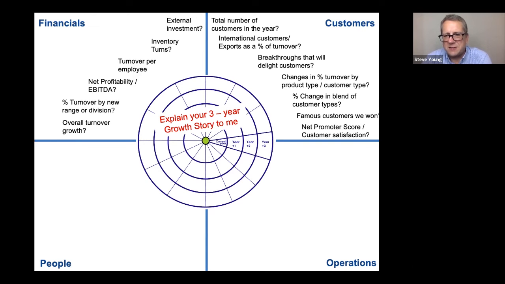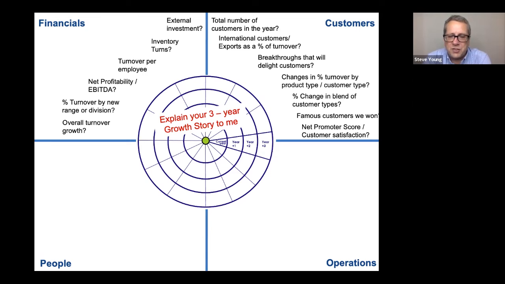What I want you to do now is move across to your customers, the top right, and have a think about what's the best way to tell your story about your customers. So for entrepreneurs that are growing fast, working out the total number of customers in the year is a really good way of thinking about how they're going to do the marketing and how they're going to go about customer acquisition. But it may not be for you.